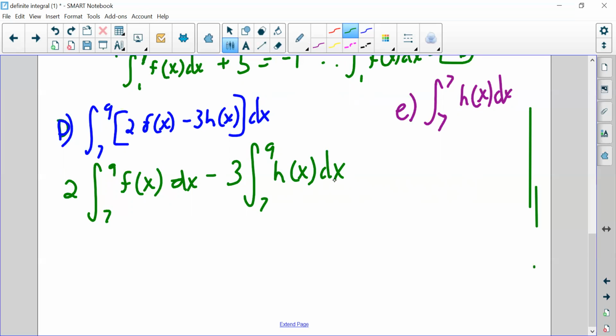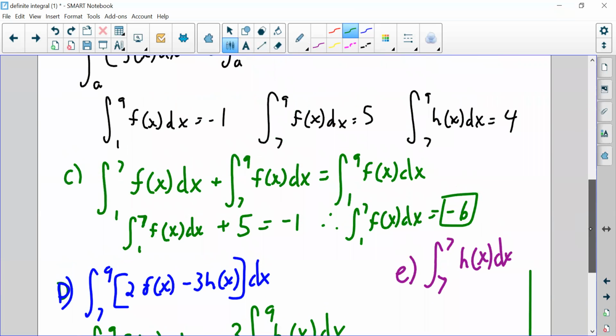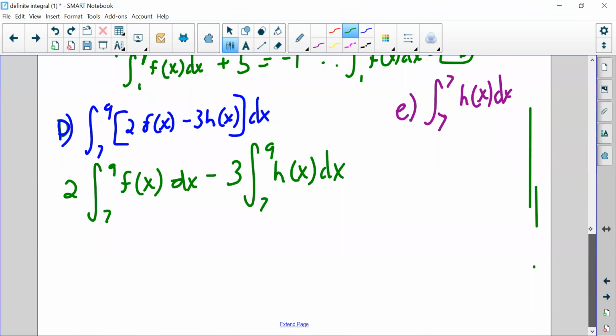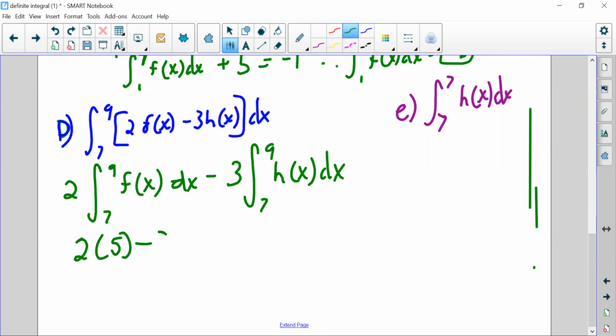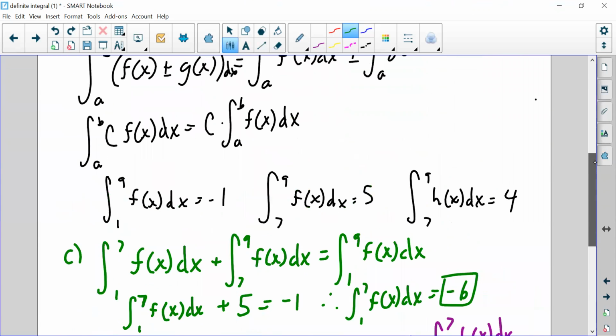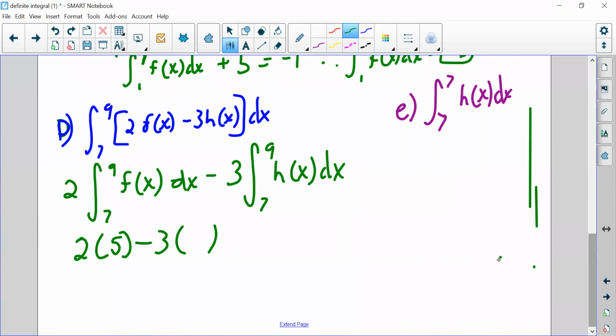And therefore, I can substitute in, because I was given those values. The integral from 7 to 9 of f of x dx, we know is 5. And the integral from 7 to 9 of h of x, we know is 4. So that's just 10 minus 12, which is -2. So that's using those properties there.